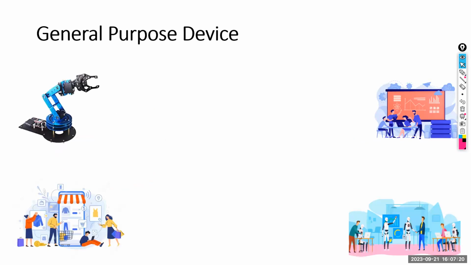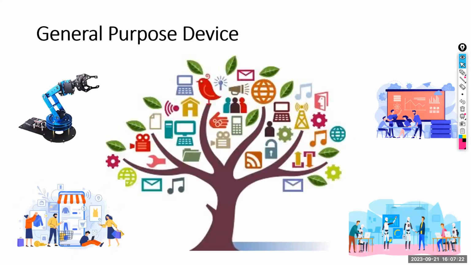Second one is computer is a general purpose device. So there are plenty of devices which do one task, right? Washing machine is not used for anything other than washing clothes. Blender is not used for anything other than blending. But computer is used for hundreds of things.